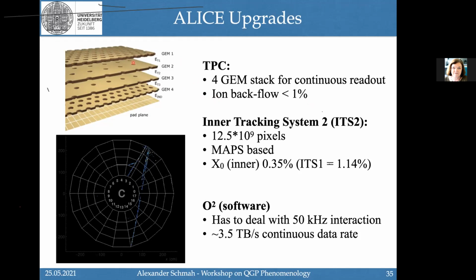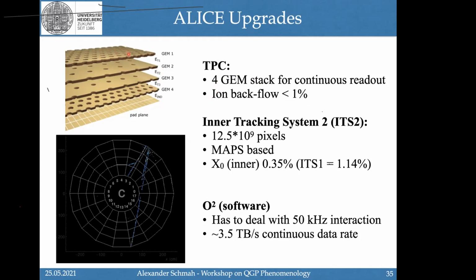So the TPC is upgraded from this old style gated way of taking data to GEM readout. So the GEMs are thin foils with tiny holes with a large voltage difference between up and downside. And this is in principle giving us a gain. So here we get this avalanche effect, this electron multiplication.